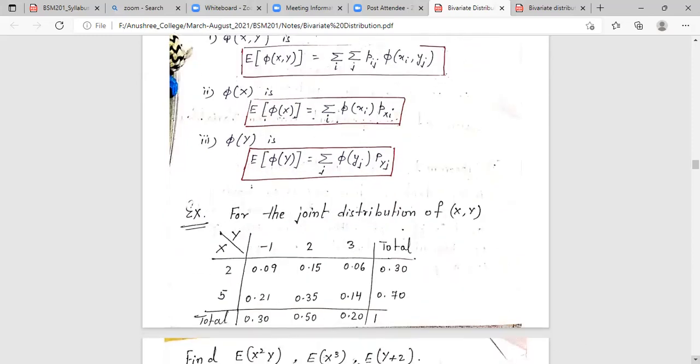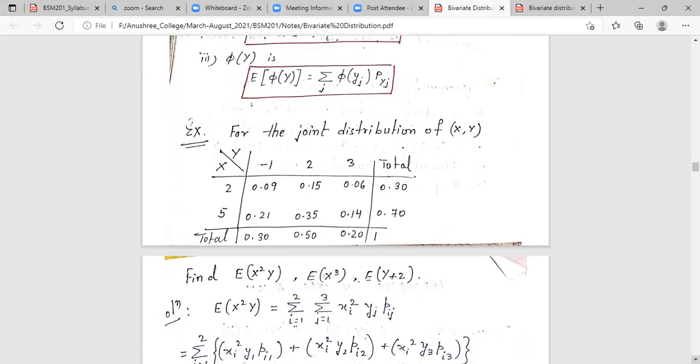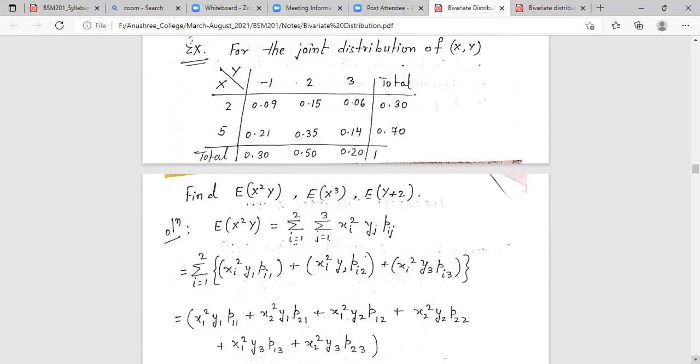So let us take a problem. For this joint distribution of X and Y, we need to obtain some expectation values, say the expectation of X square Y. Both the variables are there, so the double summation will go, i going from 1 to 2 and j having 3 values because of Y, of xi square yj Pij.